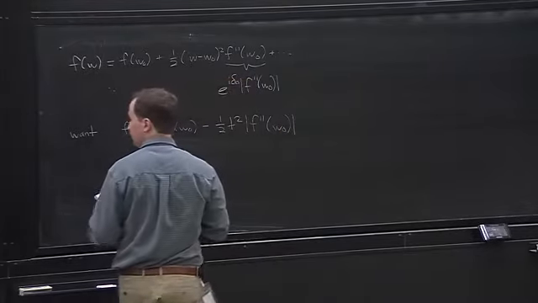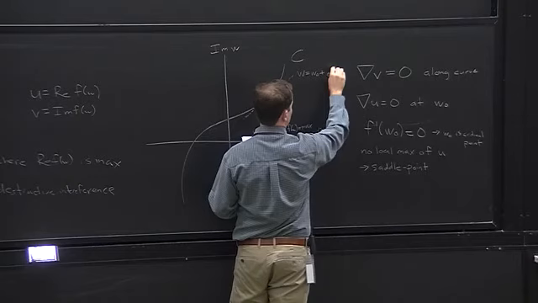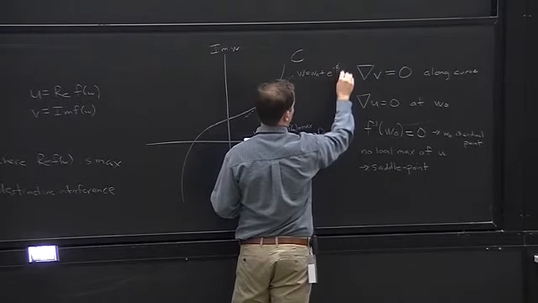Where over here, we can linearize the path in a small region around C. Linearize C in a small region around w naught. And we'll say that on this linearized approximation to the contour, w is w naught plus e to the i phi t.